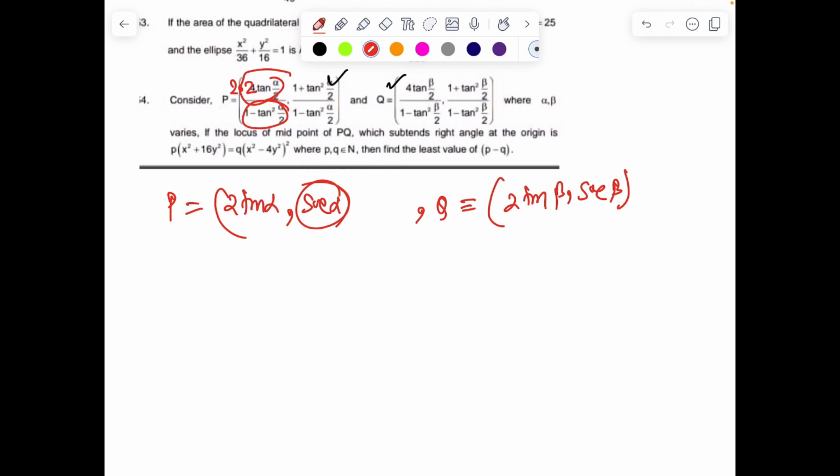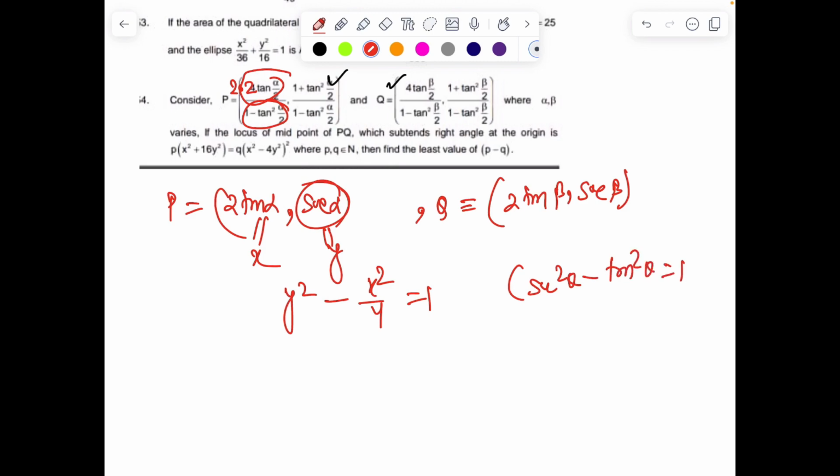As we know, the points P and Q are lying on the curve. If I call this x and y, we have y square minus x square by 4 equals 1, because secant square theta minus tan square theta equals 1. Clearly theta should not be an odd multiple of pi by 2, so those points are left out.